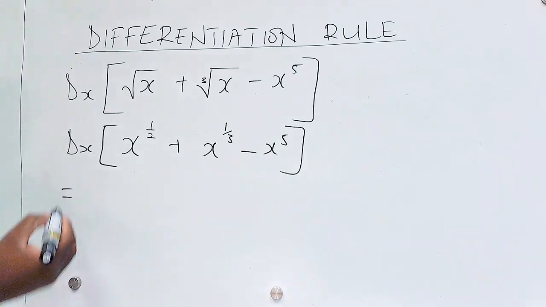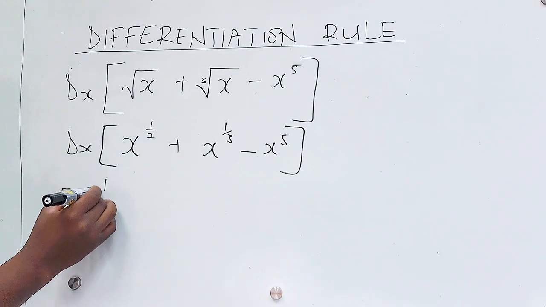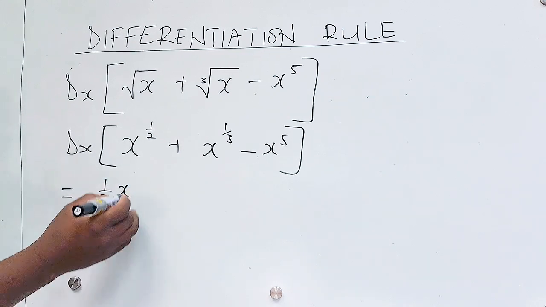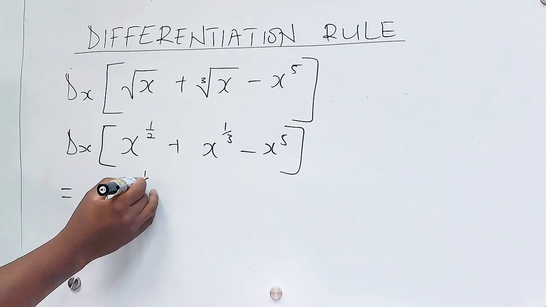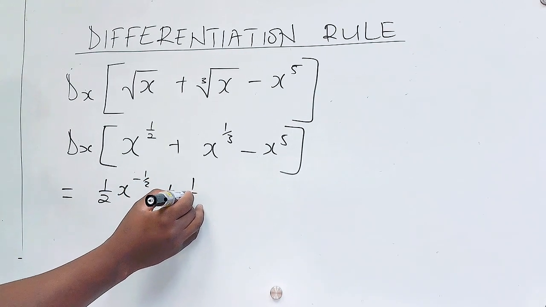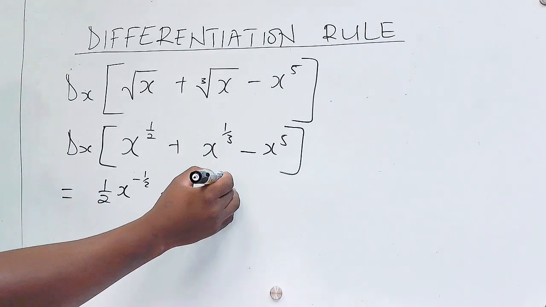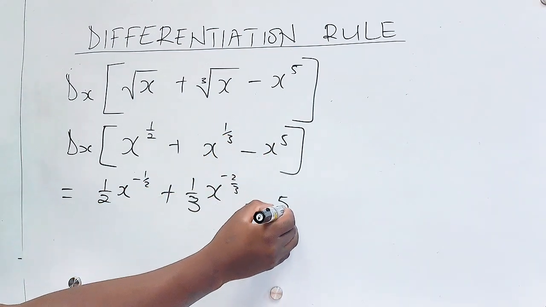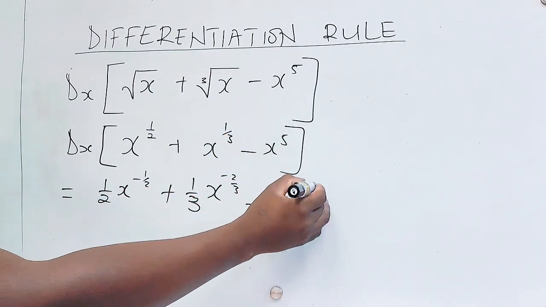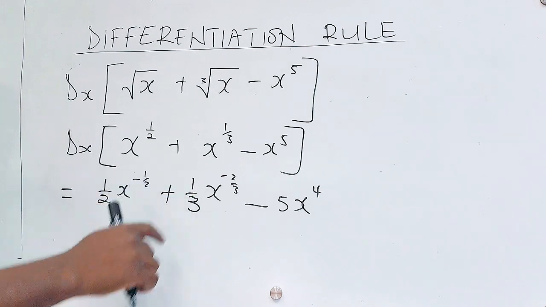Now we are differentiating. So our first derivative: you drop the half, then x power, you subtract 1, half minus 1 is negative half, plus a third, x power 1/3 minus 1, you get negative 2/3, minus, you drop that 5, x power 5 minus 1 is 4. This is your first derivative, but you can't leave your answer with negative exponents.